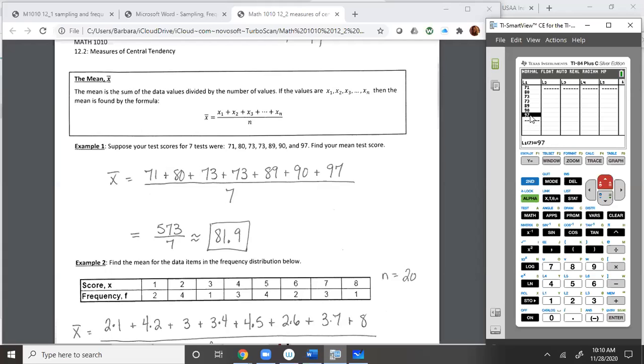Looking at the last data I put in, it says item 7 has a score of 97. That should match the number of scores that you have. And we do have 7 here, so just make sure you check your list that you have all the correct numbers and the number of correct numbers.